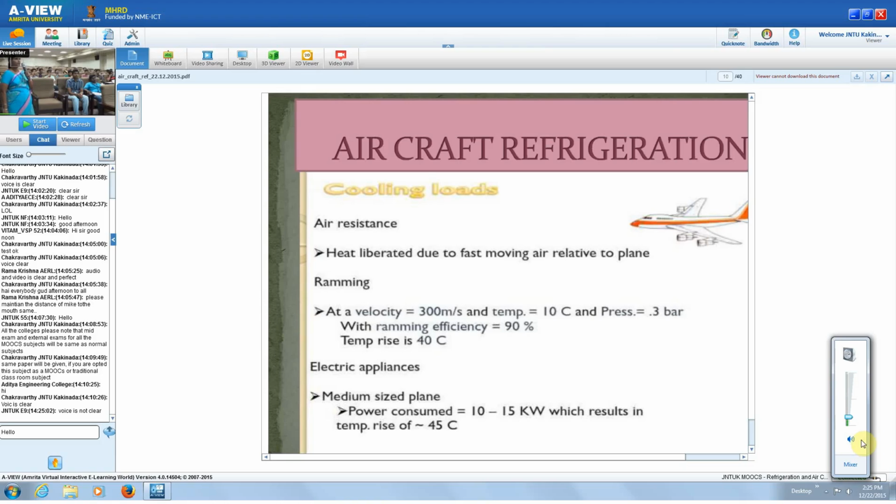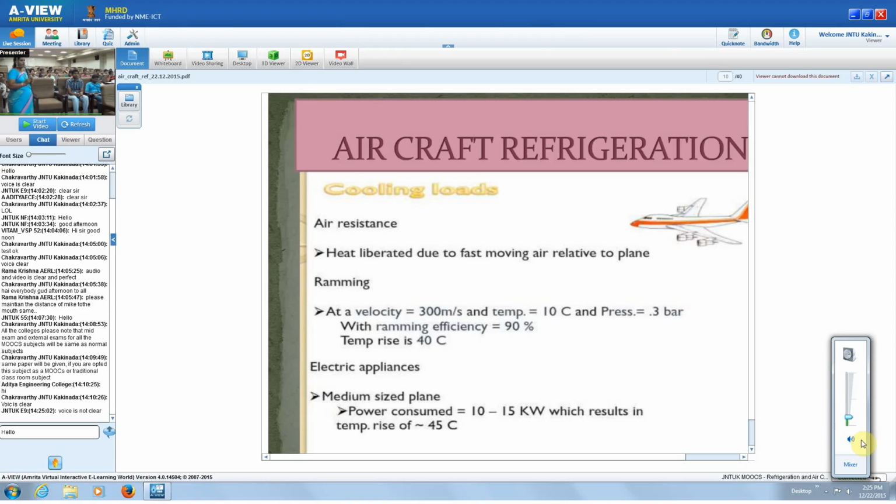So here, what are the loads acting? You can see the air resistance and heat liberated due to fast moving air relative to the plane, and also ramming. Ramming here is nothing but the increase of pressure and temperature due to the speed of the vehicle.